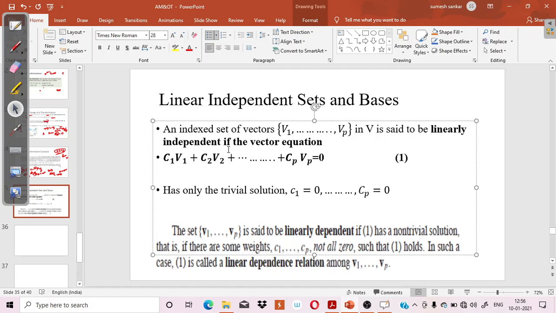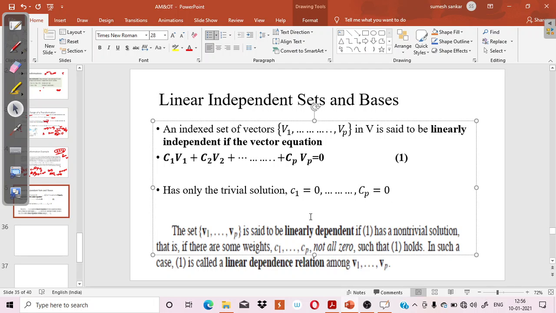Consider an indexed set of vectors v1, v2, v3, v4, etc., vp in a vector space V. This indexed set of vectors in V is said to be linearly independent if the vector equation c1 v1 plus c2 v2 plus etc. cp vp equals 0 has only the trivial solution, which means only the zero solution, c1 equal to 0, c2 equal to 0, etc., cp equal to 0.